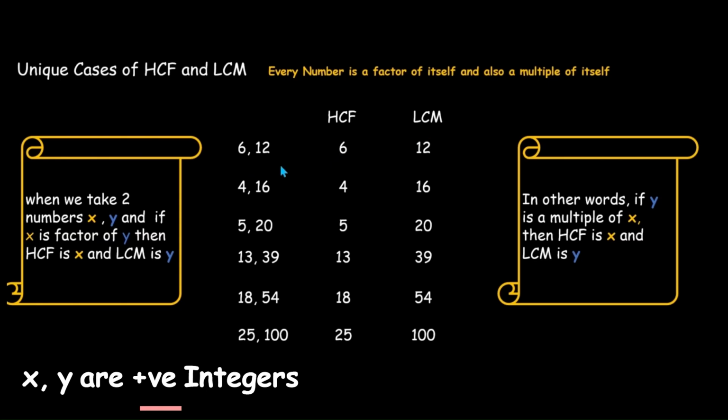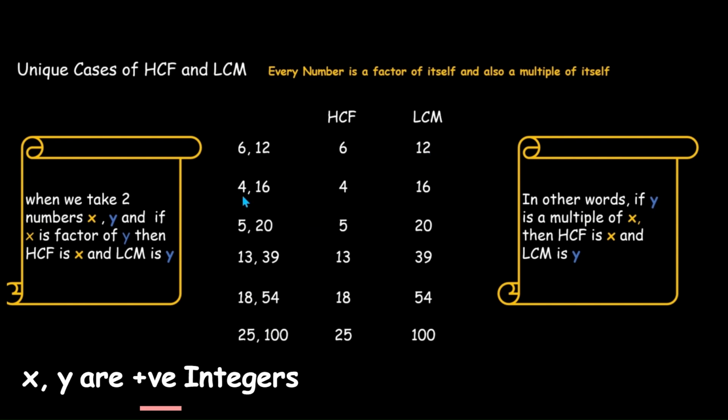And when it comes to LCM, 12 is a multiple of itself because every number is a multiple of itself. So 12 is a multiple of itself, and it's also a multiple of 6. So between the two of them, LCM would be 12.